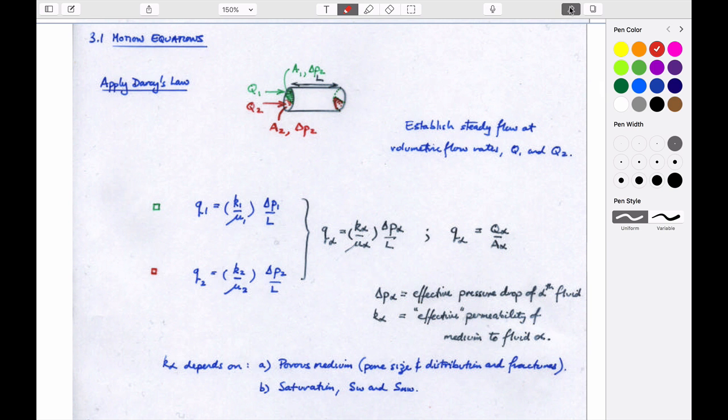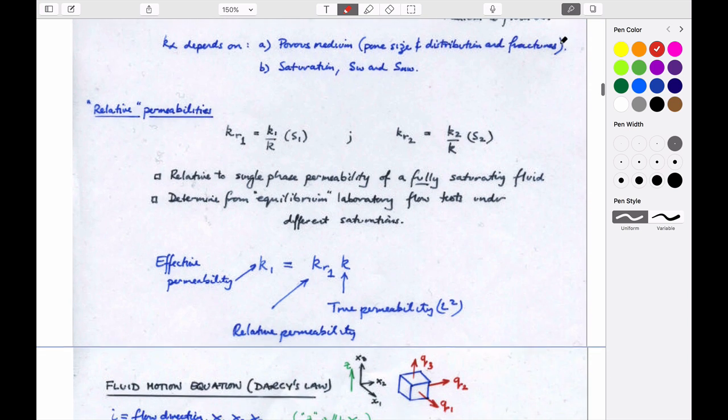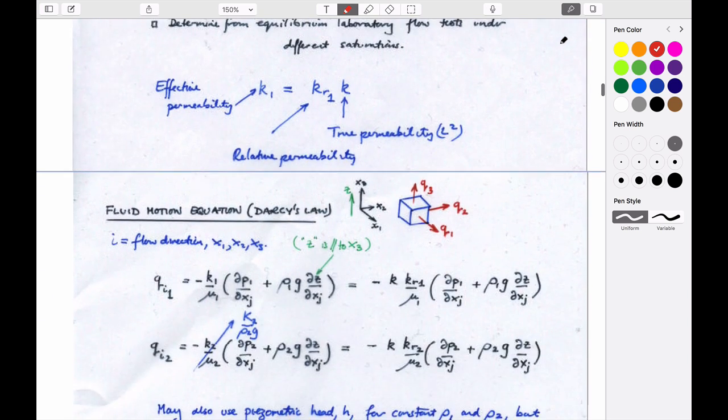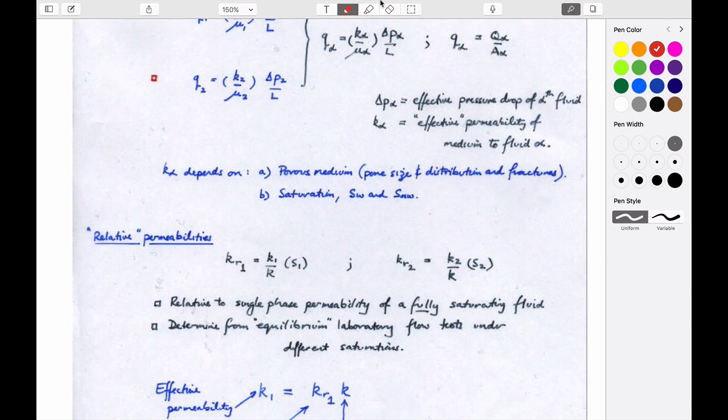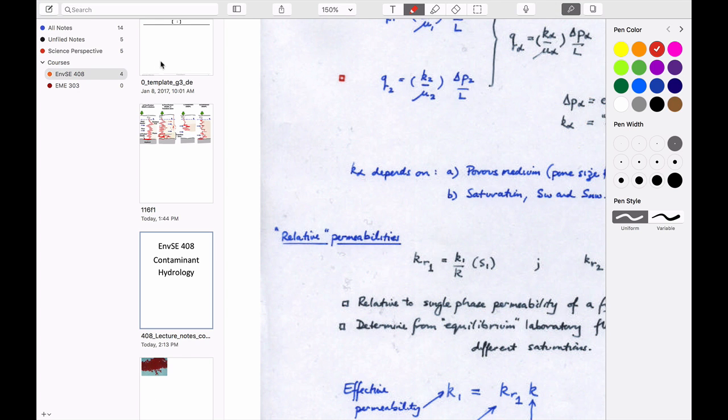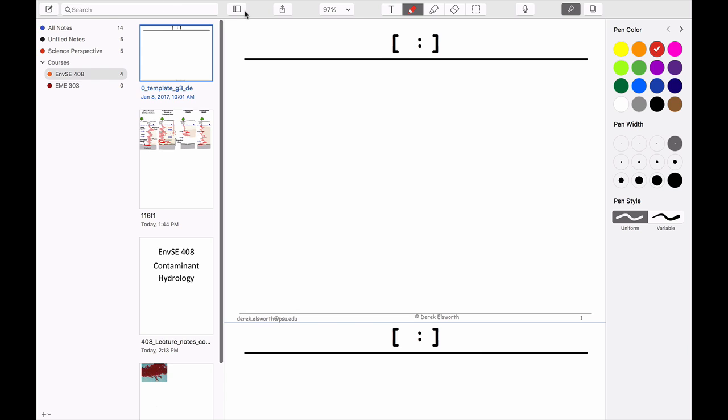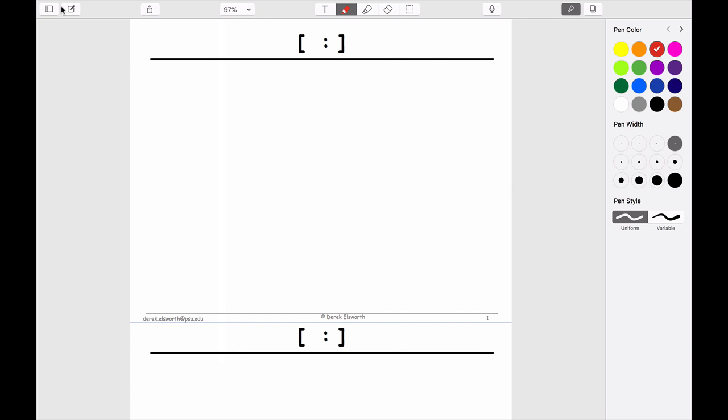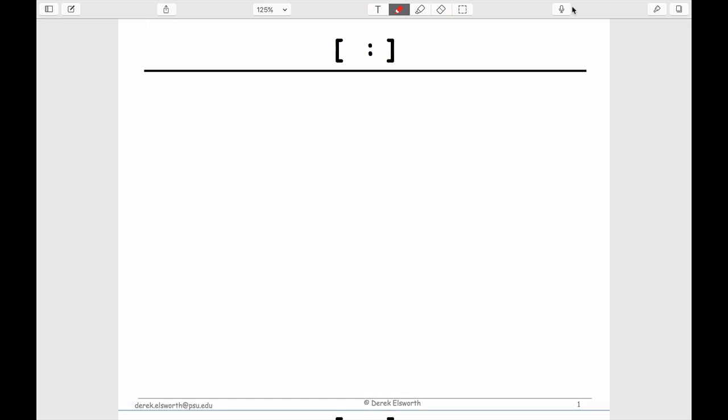The second part is to figure out exactly how we might define these behaviors for multi-phase flow. And I want to go to this to be able to make that case. Okay.